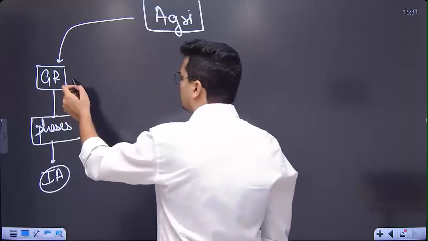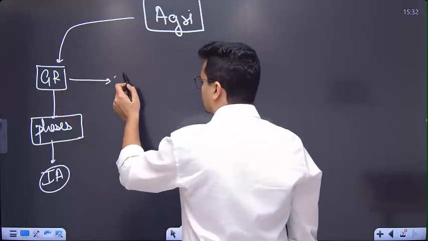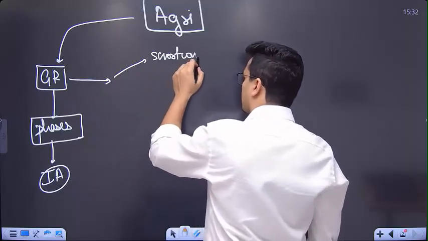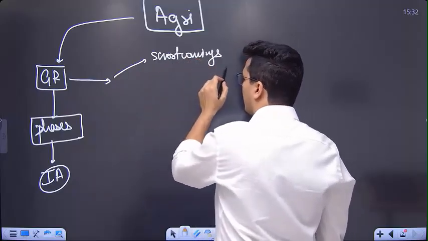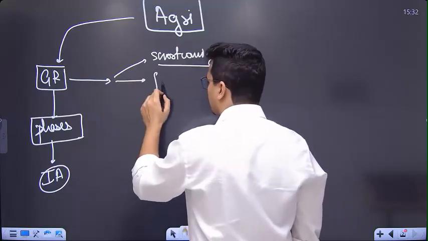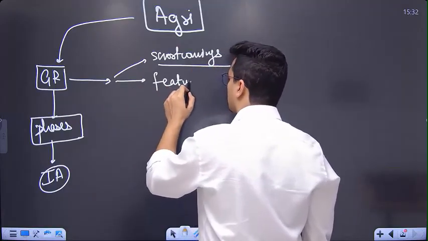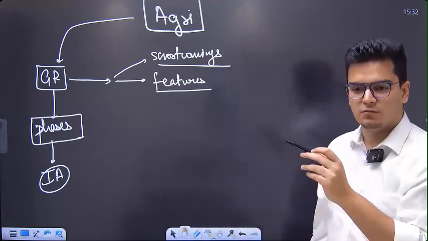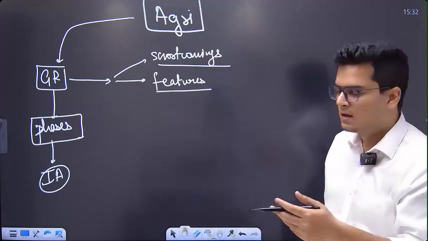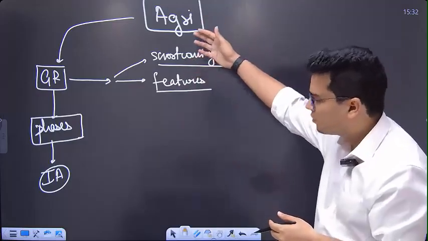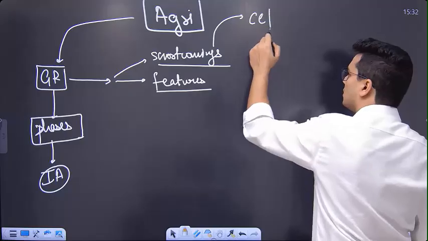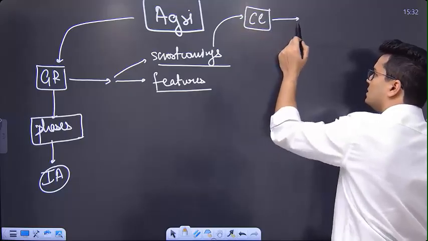From the green revolution, we need to understand a few things. There were certain shortcomings in this green revolution, and there were certain features that emerged out of this green revolution. One of the major shortcomings was that at that time it was not focusing on climate change, because it was not a major issue at that time.